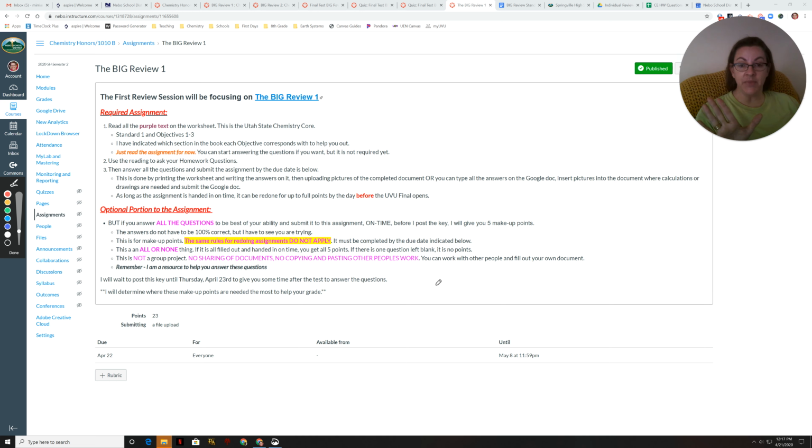I will not accept that as an answer. If I see that is what you wrote on your worksheet as an answer, you don't get the points. You won't get the point for the assignment, and you will not get the 5 makeup points.